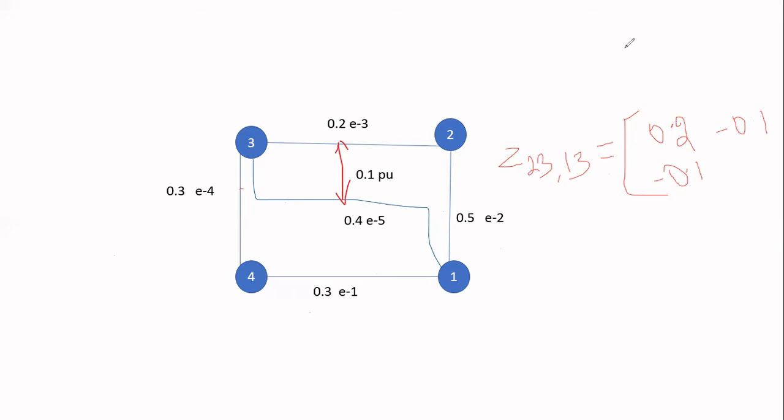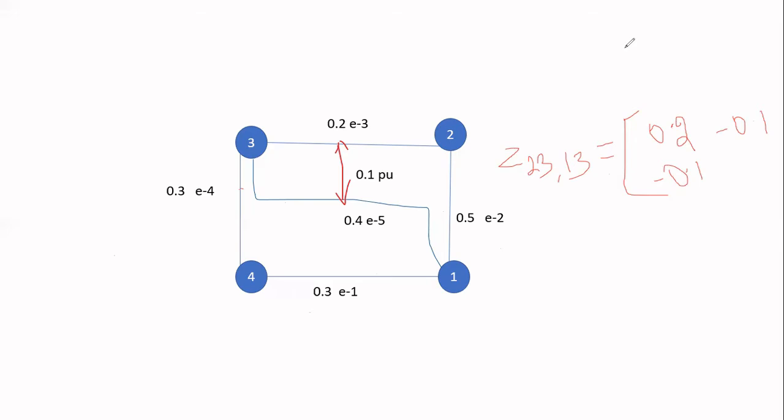After finding this inverse matrix, we obtain Y2313. Understand? Therefore Y2313 is equal to: this is the Y2323 value, which is 5.71. After multiplying these values, we obtain the Y2313 matrix.